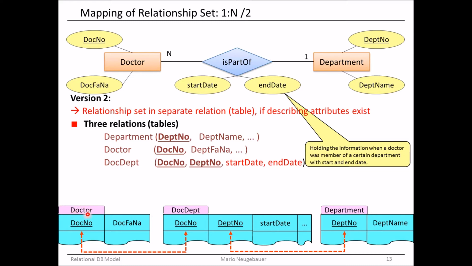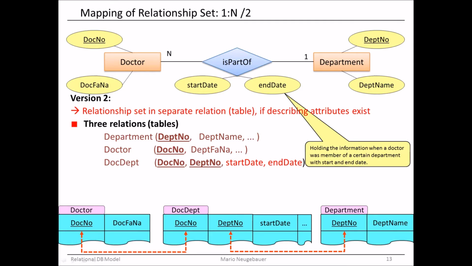So the doctor table stands for the entity set doctor with the attributes, with the columns, and the department table is there for the department entity set with the appropriate columns. And as you can see here, there are no foreign keys in these tables, just the attributes which are present in the entity sets.